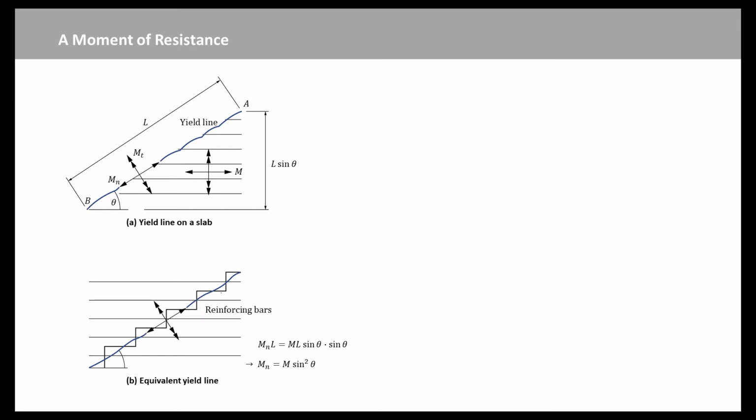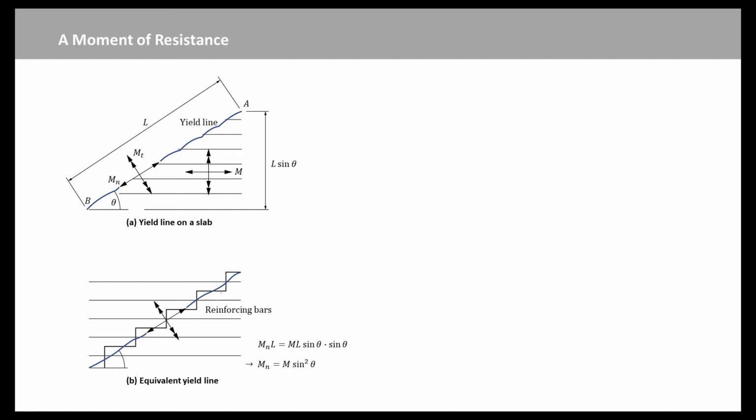The yield of the bars is caused by a moment that acts about an axis perpendicular to the bars, the line with double arrows in these figures. This moment can be resolved into two components, one acting about an axis along the yield line, the other acting about an axis perpendicular to the yield line.